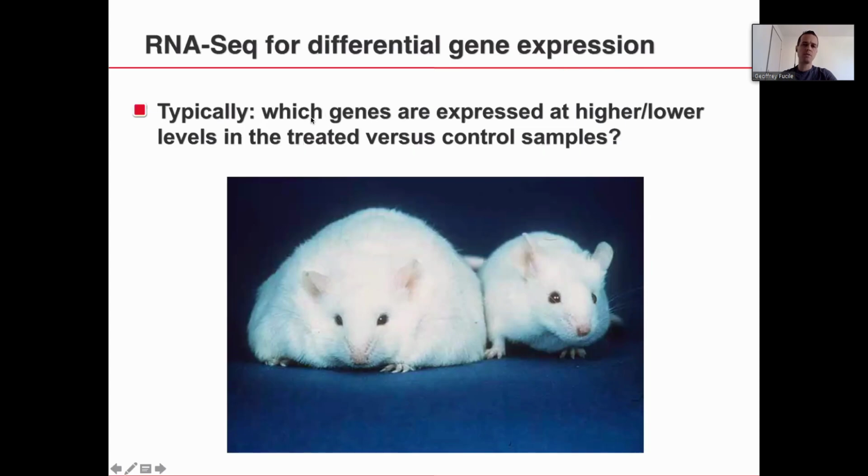And by this, we mean which genes are expressed at higher or lower levels in, for example, a treated versus control sample. So maybe we're interested in what's happening in the transcriptional machinery of this really obese mouse compared to this lean mouse. So this is the framework of questioning that we're going to be addressing today as I describe RNA-seq technology.